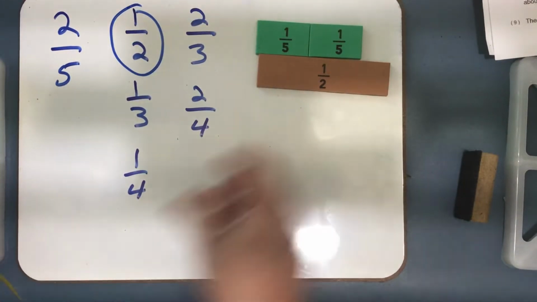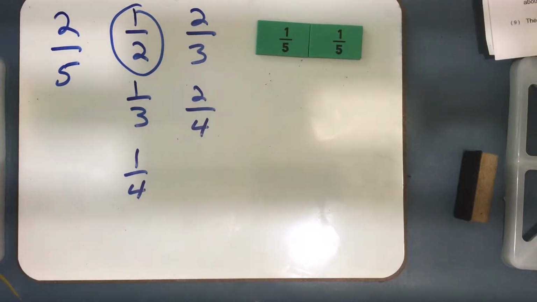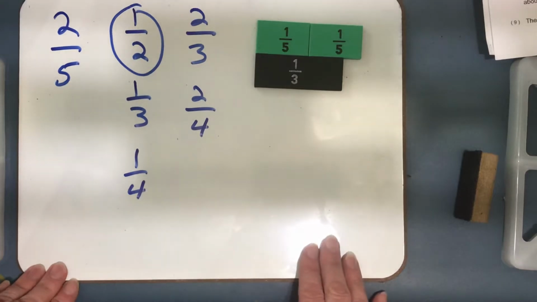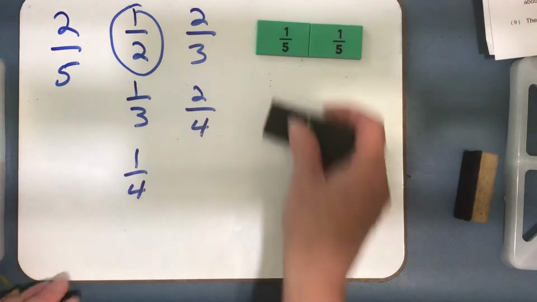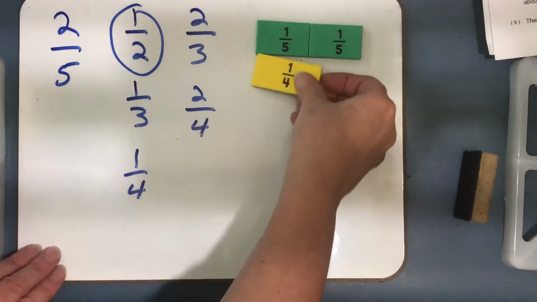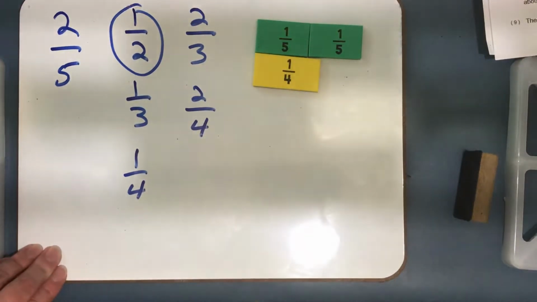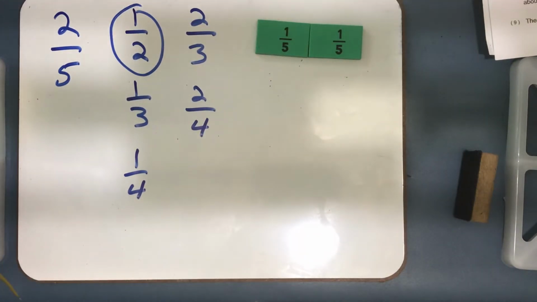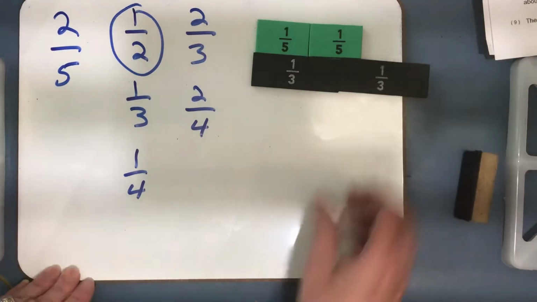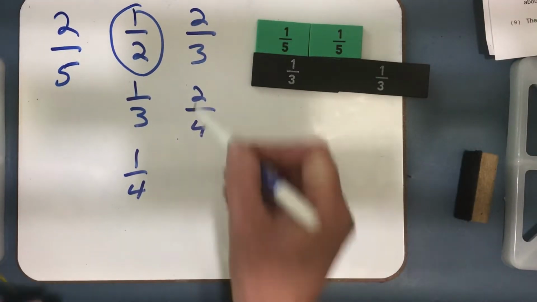Okay, now let's compare 1/3. I can see that 1/3 is less than 2/5. And my next one is 1/4. 1/4 is also less than 2/5. Okay, and then I have 2/3. And 2/3 is greater than 2/5.